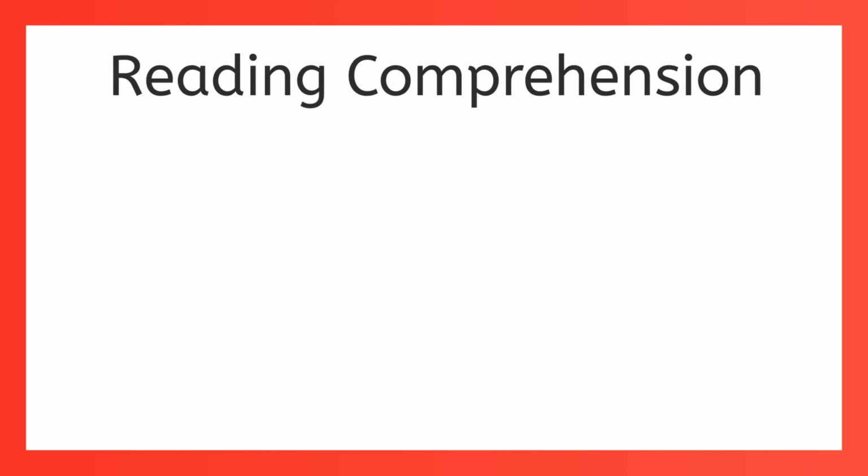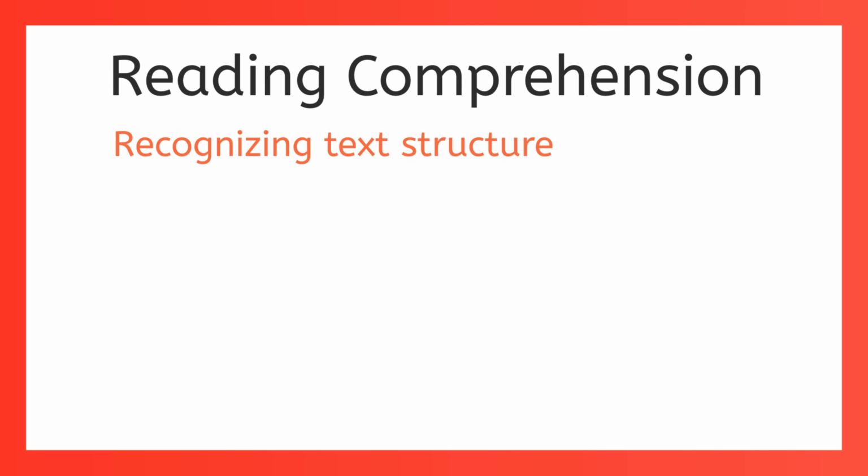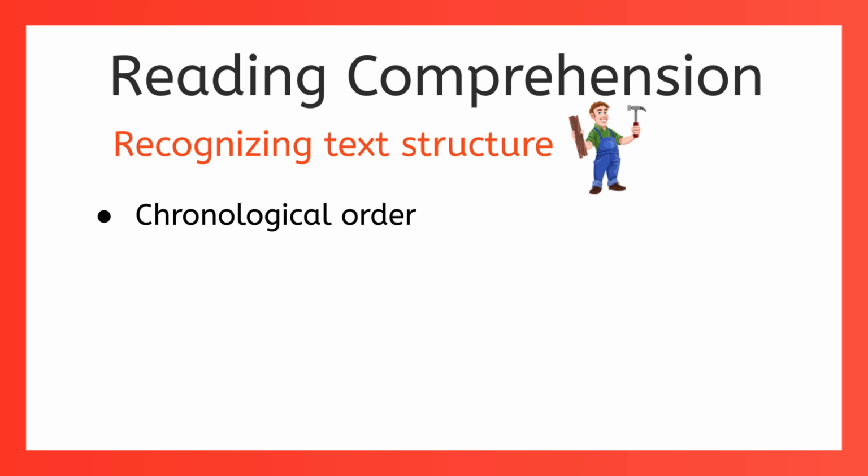Reading comprehension also involves recognizing text structure, or how the author constructed the passage. Most of the stories we read are told in chronological order. That means they are in order based on time. You know, this happened first, and then this happened next, etc. When an author is writing an informational piece about a specific topic, sometimes they start with a central idea and then they present details that support it.